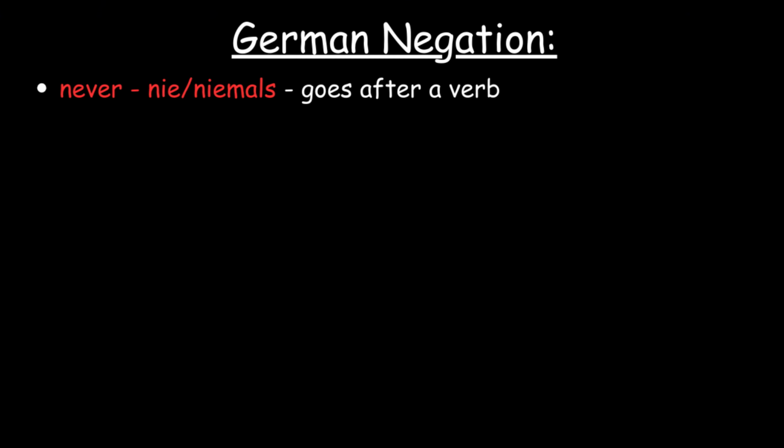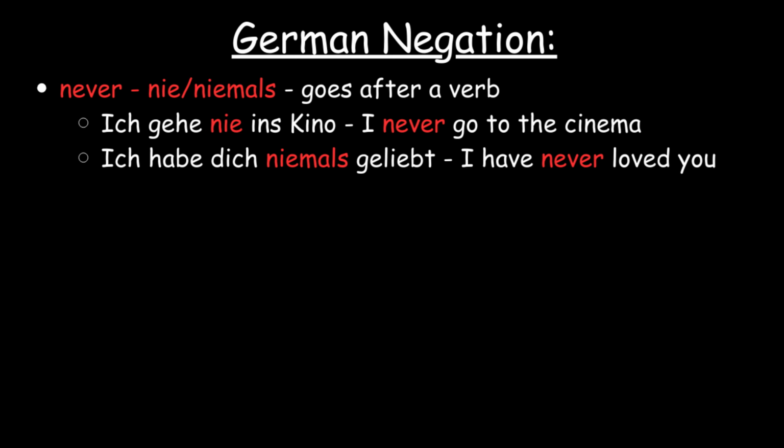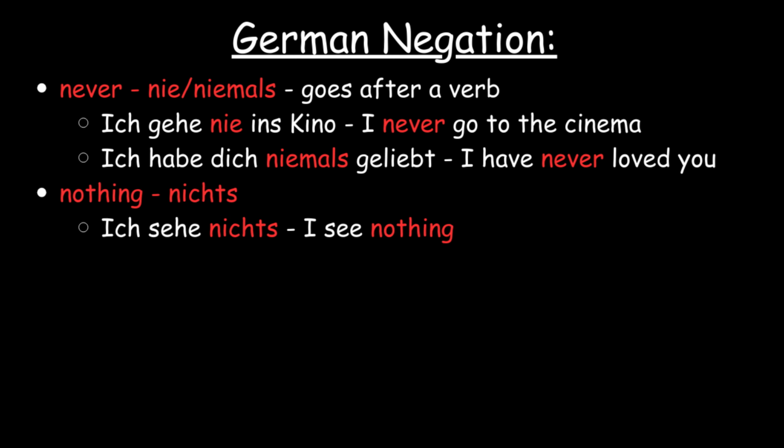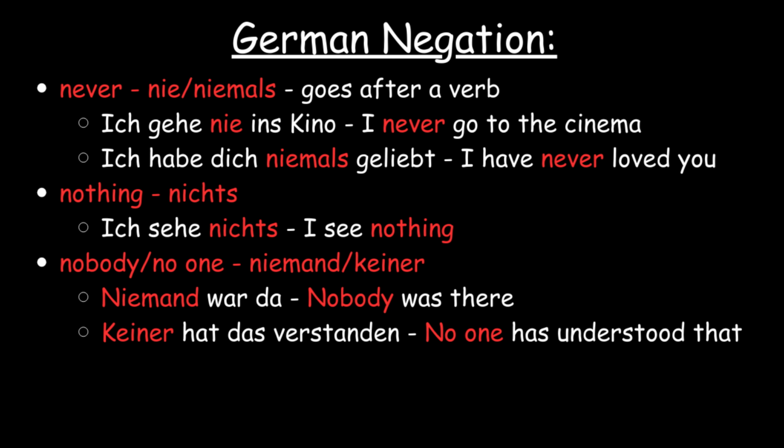German has the word never, nie or niemals, which, like nicht, goes after a verb. Ich gehe nie ins Kino. Ich habe dich niemals geliebt. Likewise, it's possible to say nothing: nichts. Ich sehe nichts. Also, we can use nobody or no one: niemand or keiner.